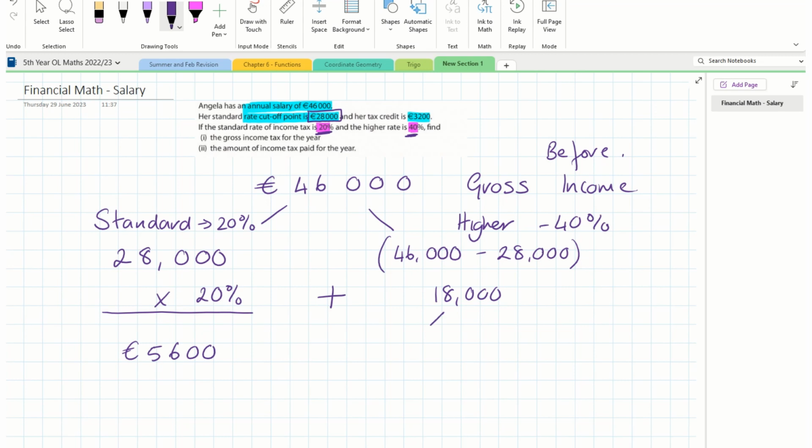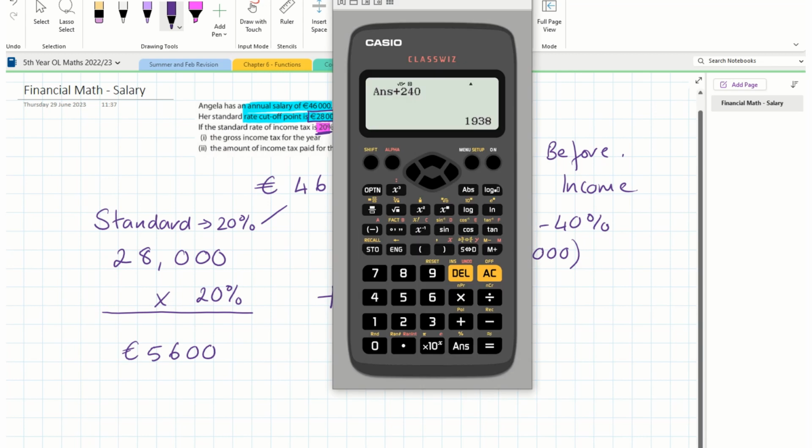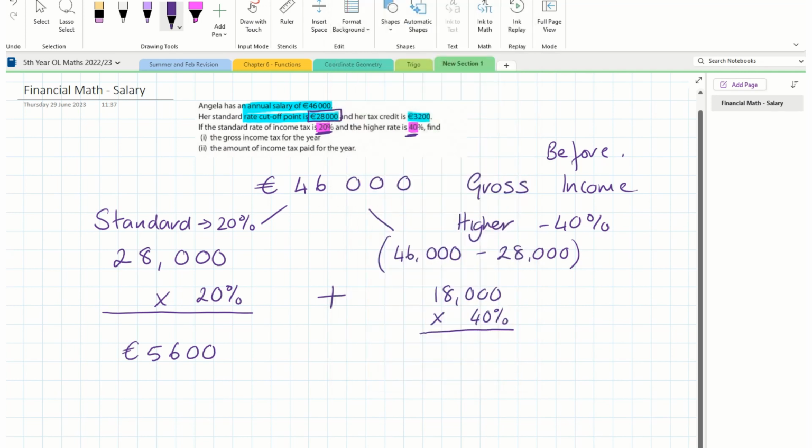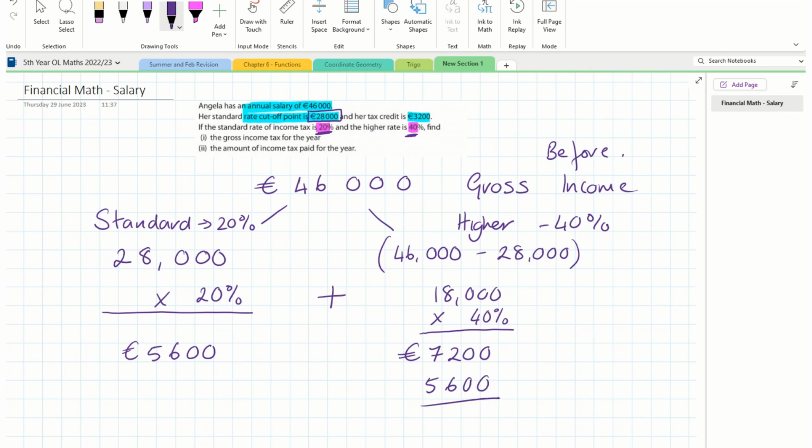And then 18,000 multiplied by 40% is going to be, get my calculator for this one, that's a nice handy way of finding percentages, just using your percentage button there on the calculator. So that's equal to 7,200. So we add the two of them together and we get 12,800.